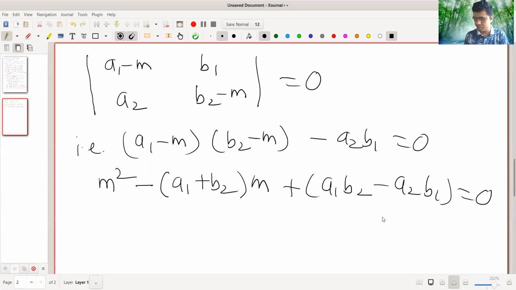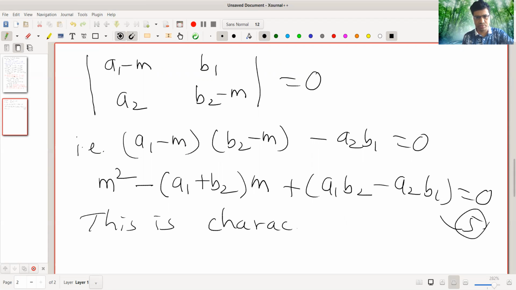Okay, so this is the characteristic equation of the coefficient matrix we have already seen. A1 plus B2 is the trace, and this is the determinant of the coefficient matrix. So this is the characteristic equation.